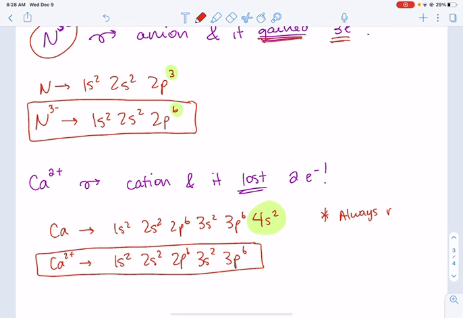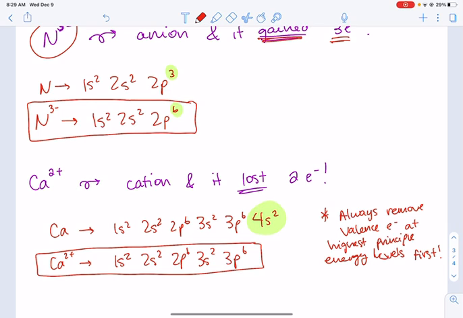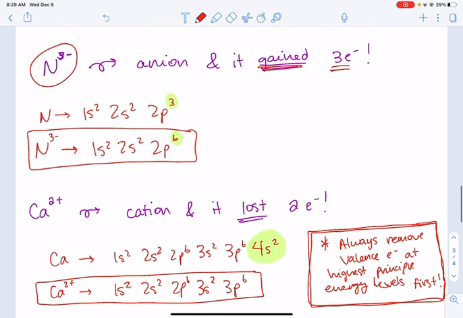So always remove valence electrons at highest principal energy levels first. This is super important, right? You're always going to remove electrons from the highest principal energy levels first. And you're always going to add electrons at whatever the current highest is, in the case of an anion.